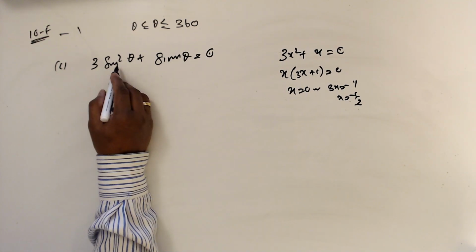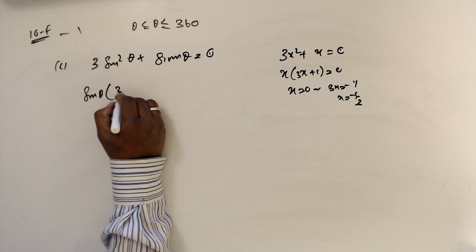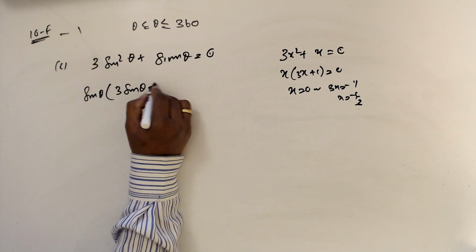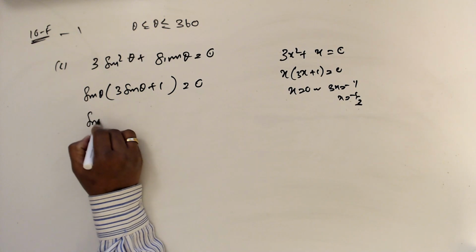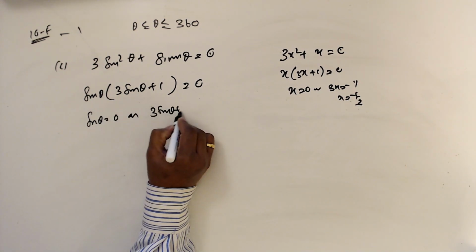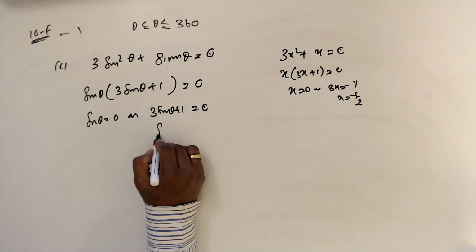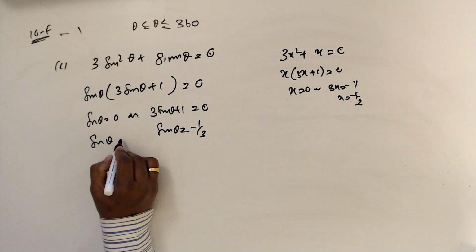When I take sin theta out, this is going to be sin theta(3 sin theta plus 1) equals 0. Then sin theta equals 0 or 3 sin theta plus 1 equals 0, so sin theta equals minus 1/3.